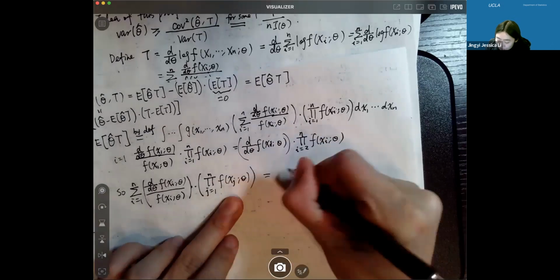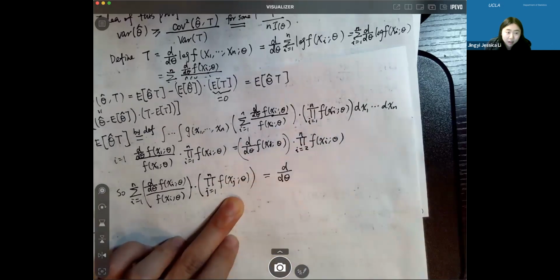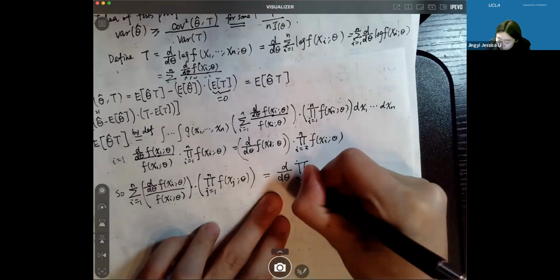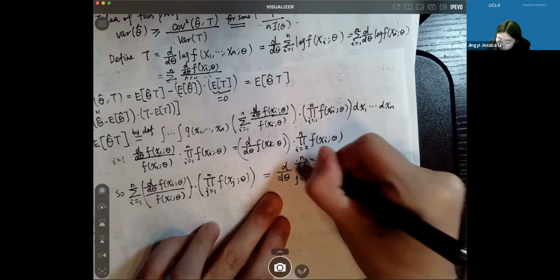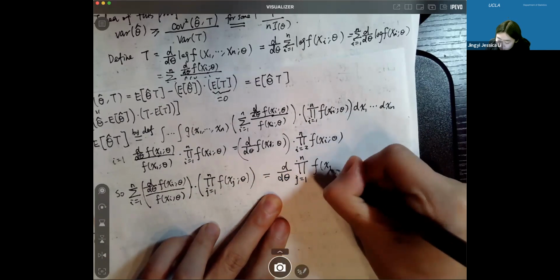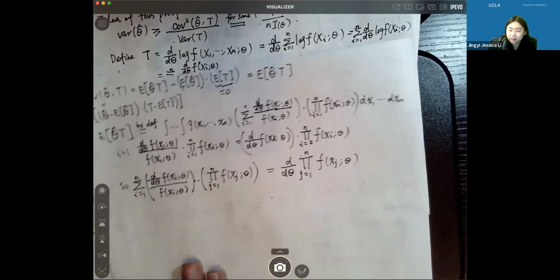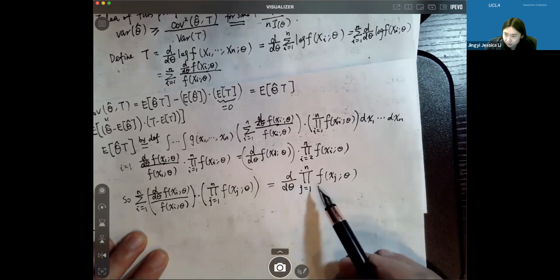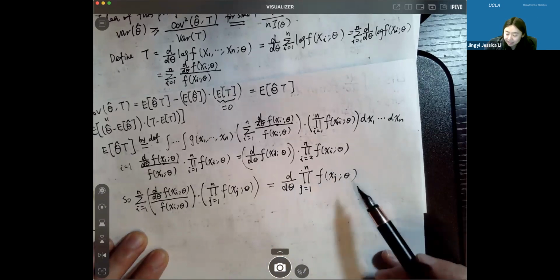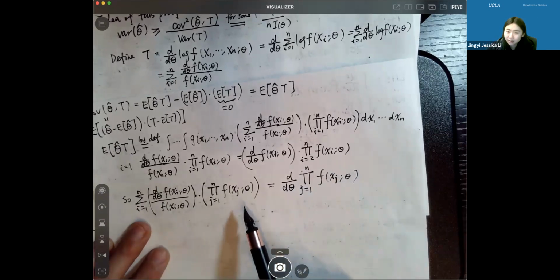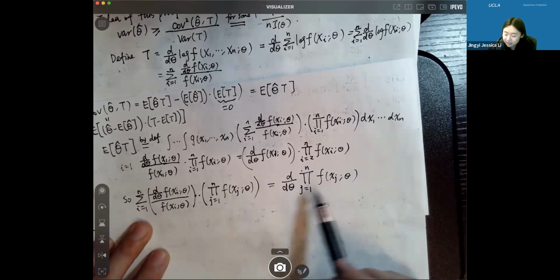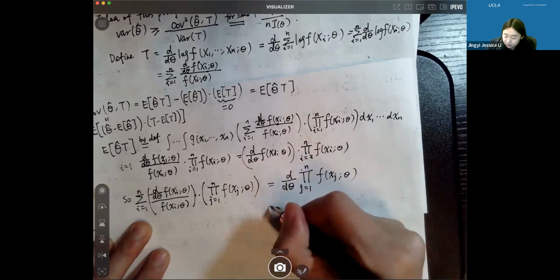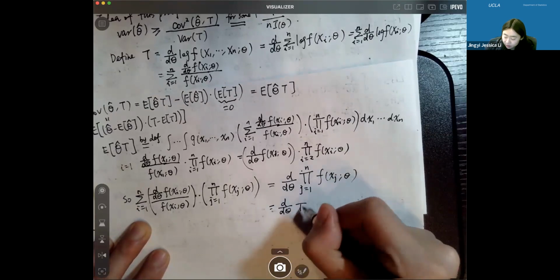So this is just equal to d theta of this product, j from 1 to n, f(xj; theta). This is the key part. When I'm taking differentiation for this product, I do differentiation for each term, keeping the remaining terms unchanged. And that's exactly what I have on the left-hand side. Seeing this connection, I can change j back to i. It doesn't matter, it's just an index: d theta, product i from 1 to n, f(xi; theta).